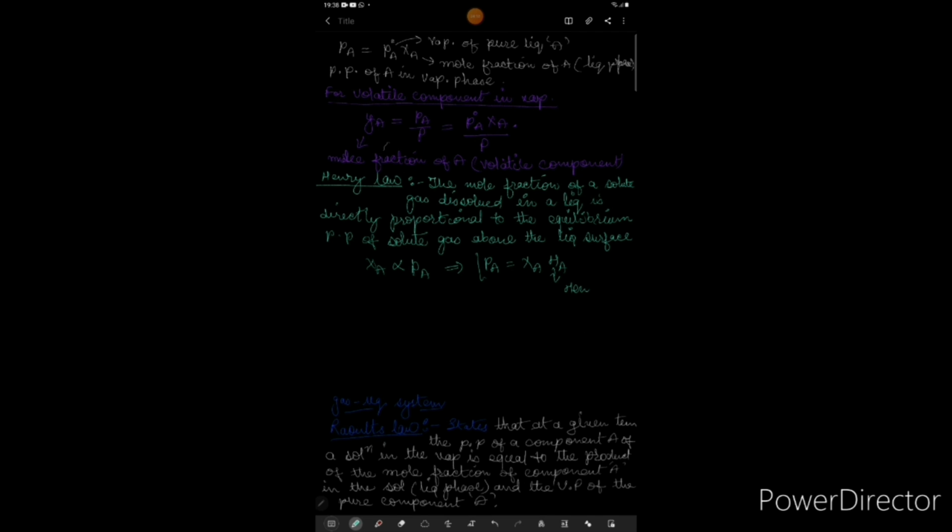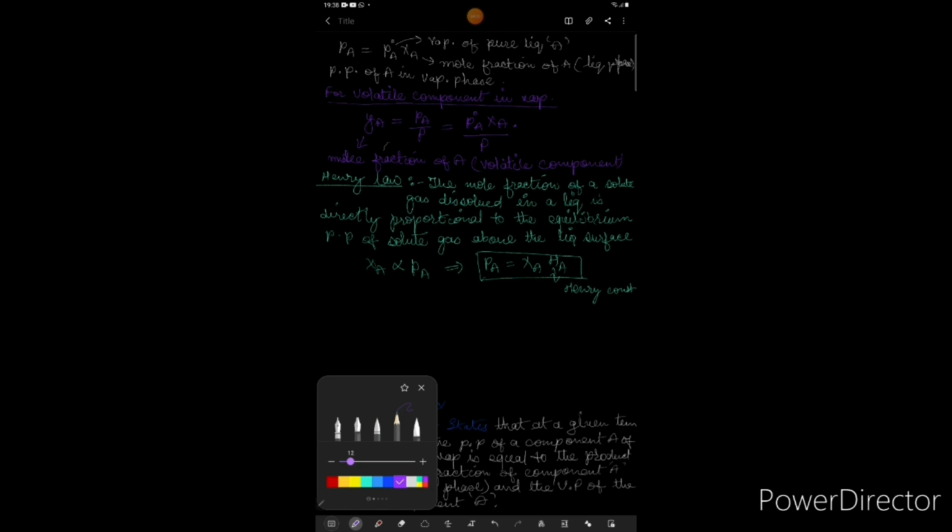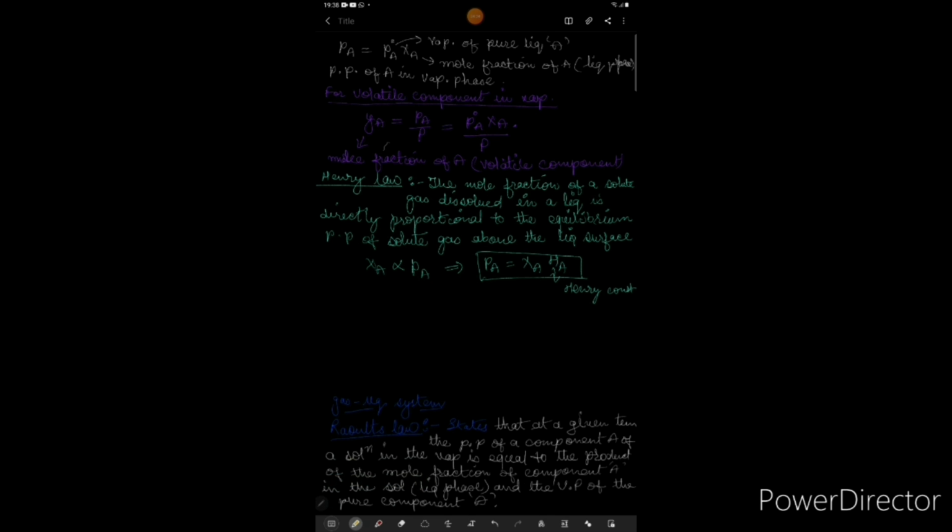This is the Henry constant of component A. And the basic difference between Raoult's law and Henry's law is Raoult's law is valid for mole fraction of A close to 1, and Henry's law is valid for mole fraction of A close to 0.